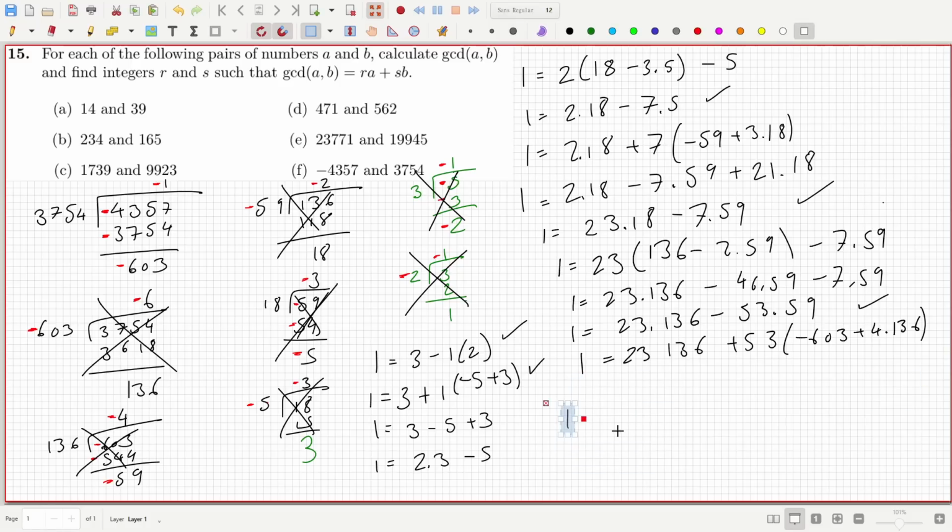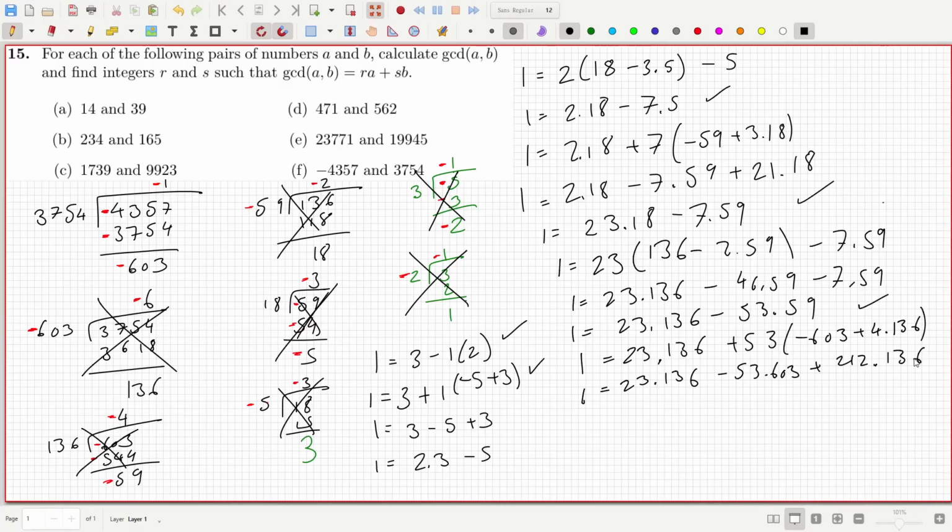I think I'm okay here. Let me just check that one. 23 times 136 plus 53 times minus 603 plus 4 times 136. Yeah, that's right. Okay, so that's right. All right. 1 equals 23 times 136 minus 53 times 603 plus, and then 53 times 4, 212 times 136.